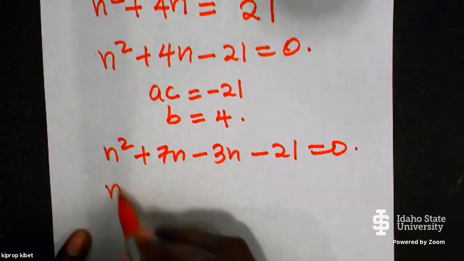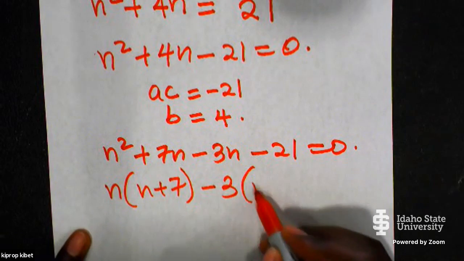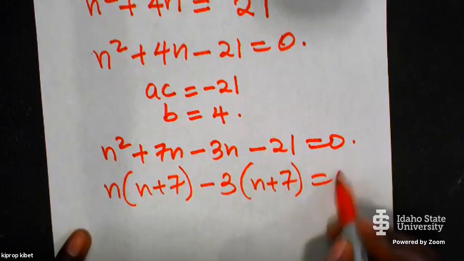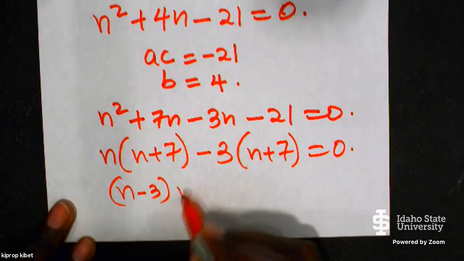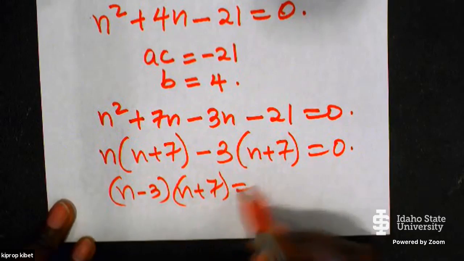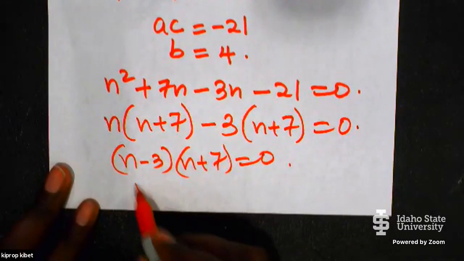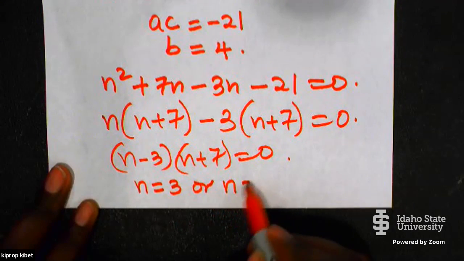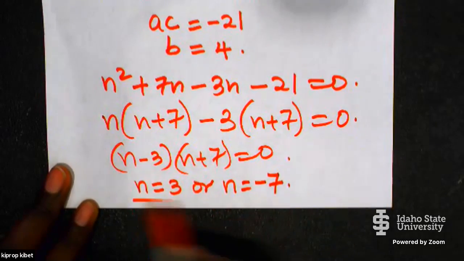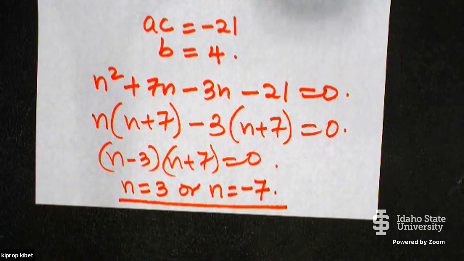So we have n plus 7 minus 3 n plus 7 equals to 0. So finally, we have n minus 3 n plus 7. So n equals to 3, or n equals to minus 7. Any question?